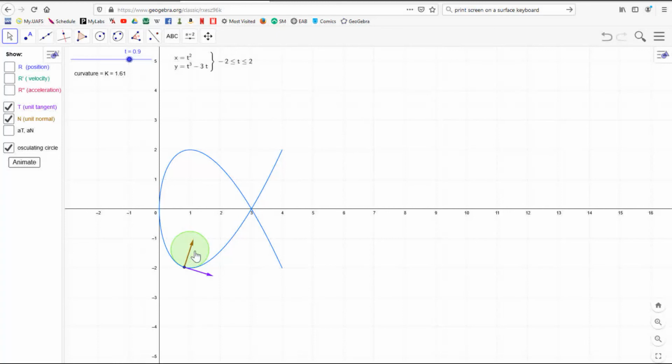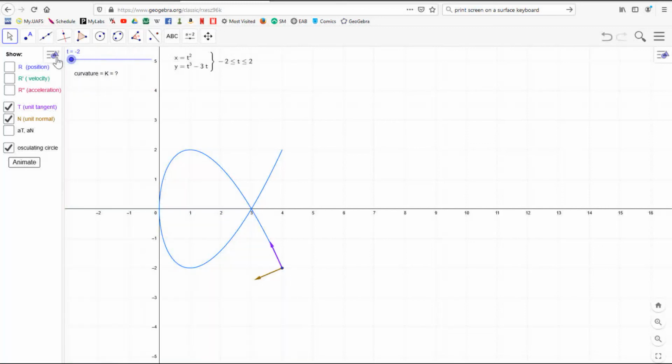Okay, and so that's the osculating circle. At this point, the curve is changing pretty quickly, so it has a small radius of curvature. If you look at the curve right here and look at this circle, they match each other pretty well. So this is the best matching circle to that curve at this particular point.